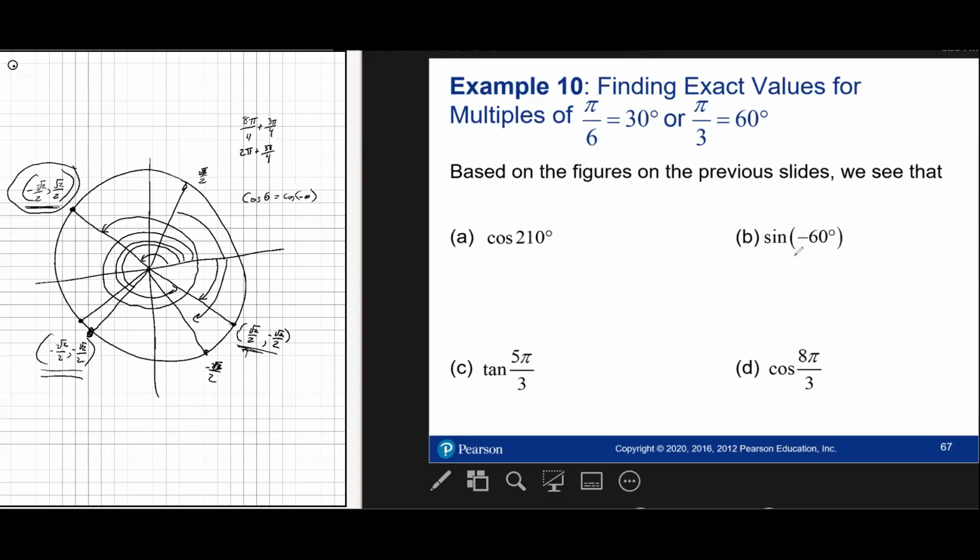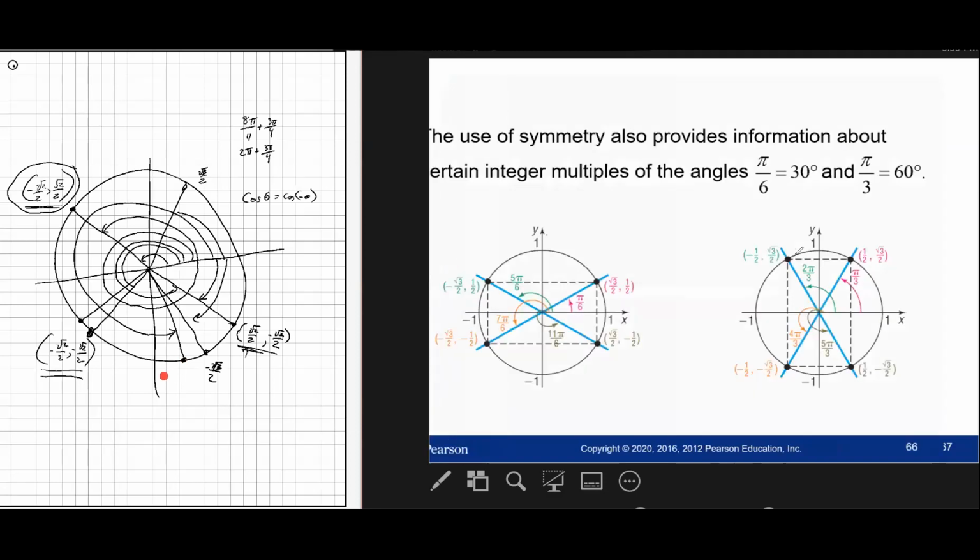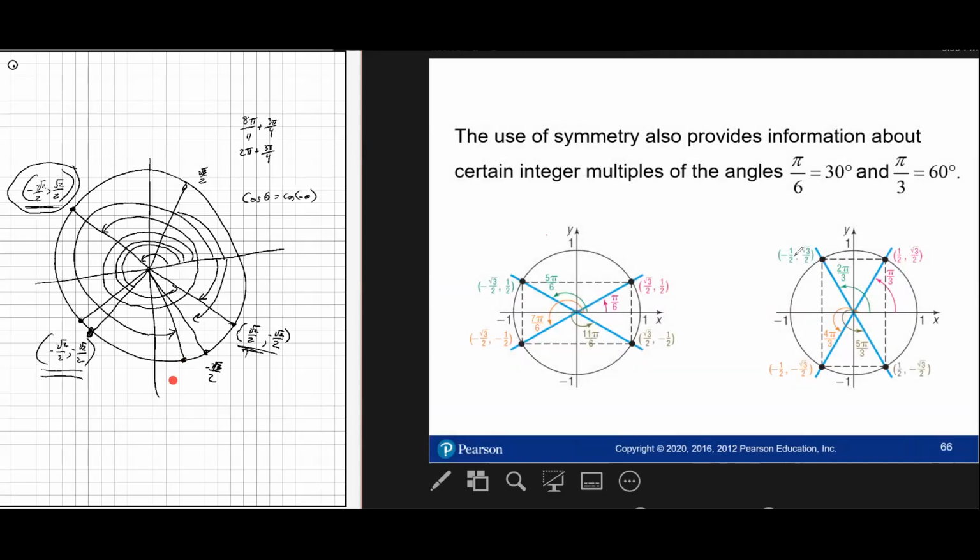And then tangent of 5/3 pi is here. Is this angle coming all the way around to here. And so this point, let me go back to this diagram, the point is 1/2, negative square root of 3/2. Okay.